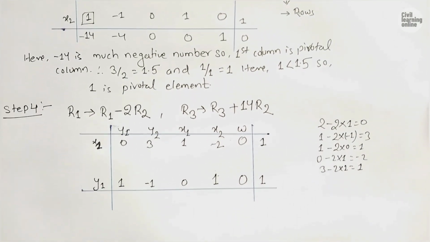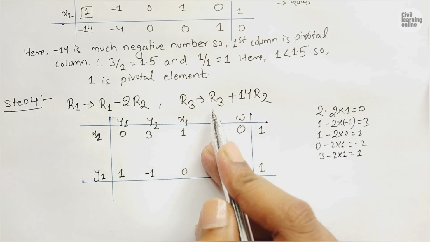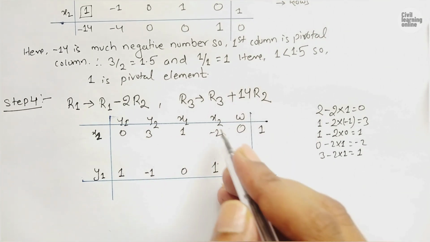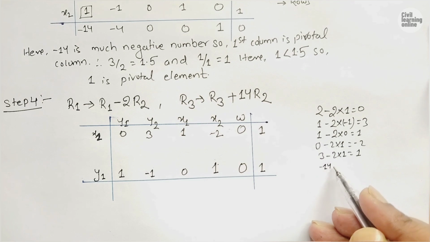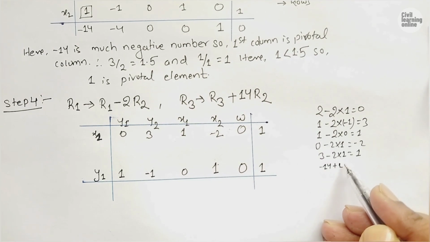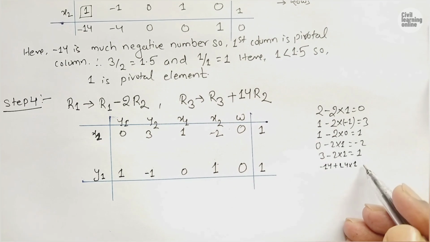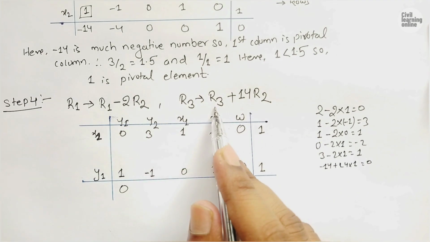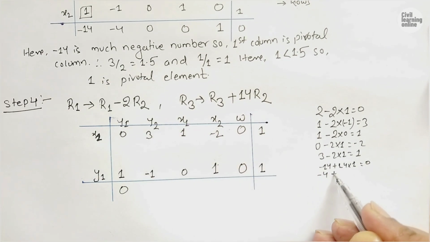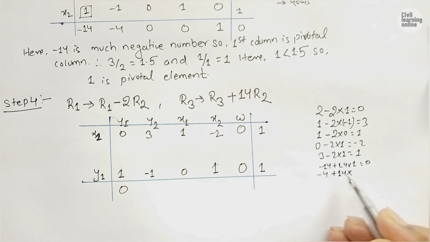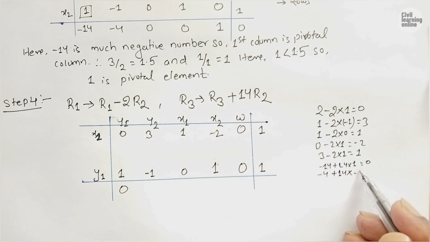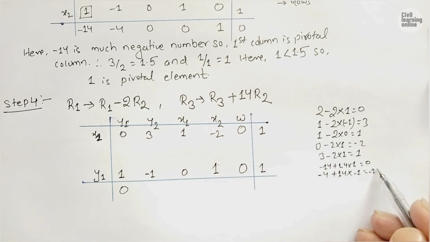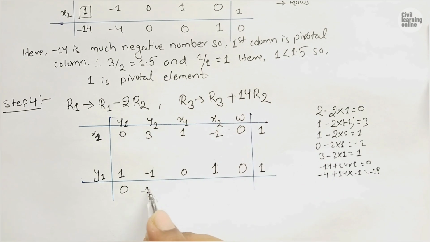Now it is time to do the operation on R3. So R3 implies R3 plus 14 R2, so R3 is minus 14 plus 14 times 1, we will get 0. Similarly, again R3 is minus 4 plus 14 times R2, which is minus 1, so minus 4 minus 14, we will have here minus 18.